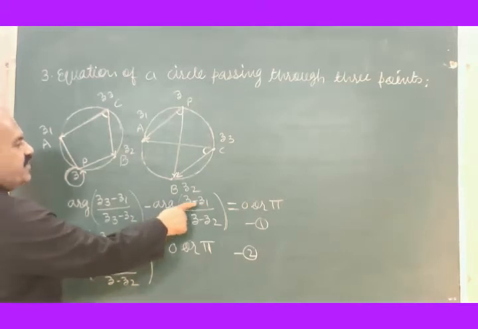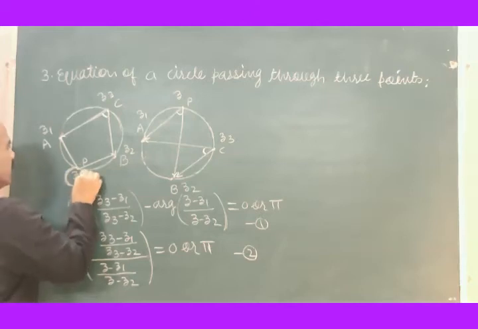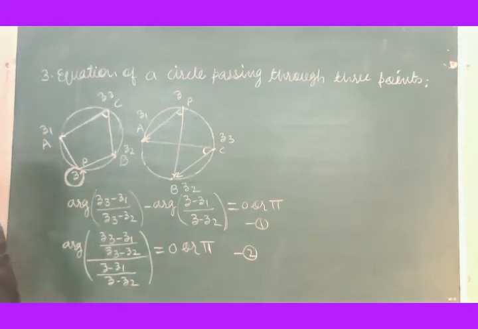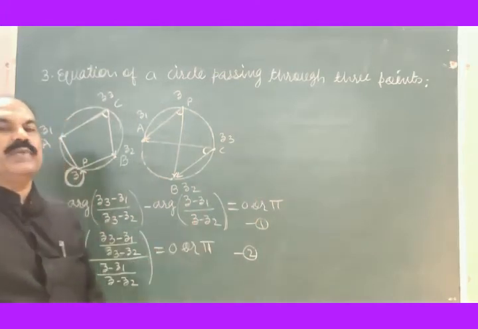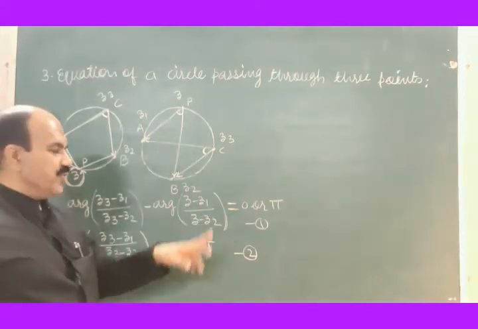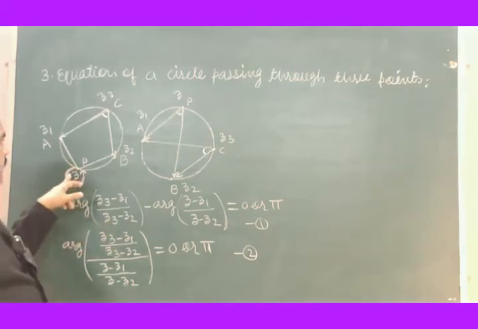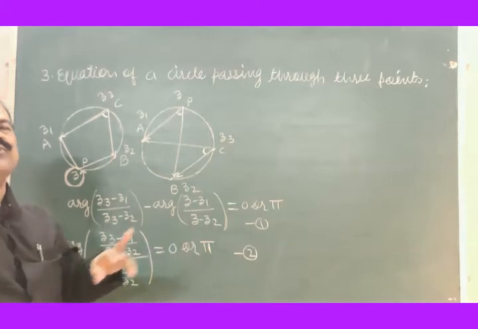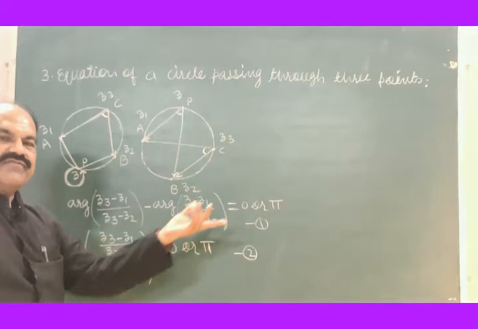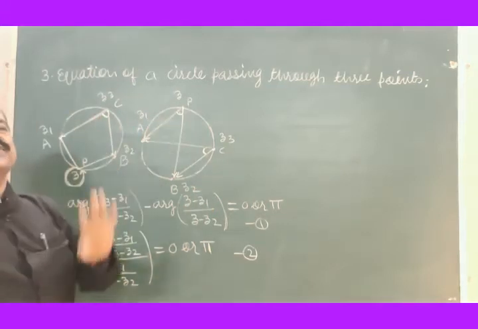Minus argument of (Z minus Z1) divided by (Z minus Z2). This angle in figure 1, this angle in figure 2 is equal to 0 or pi. If we consider this figure, this angle minus this angle is 0. If we consider this figure, this angle minus this angle will be equal to pi.